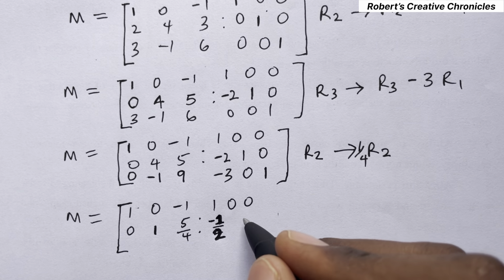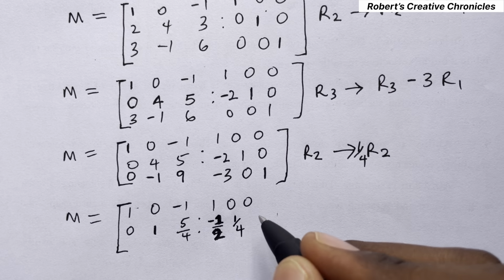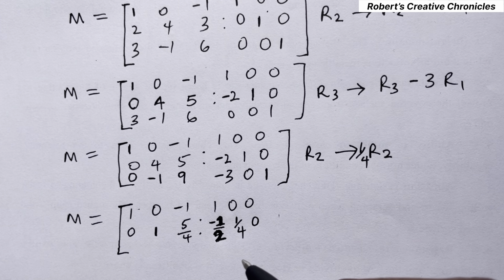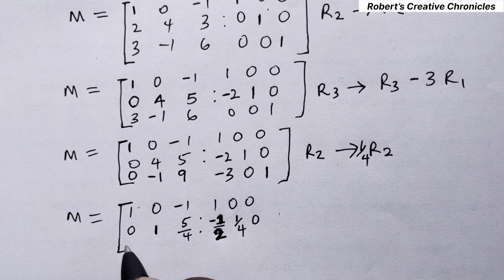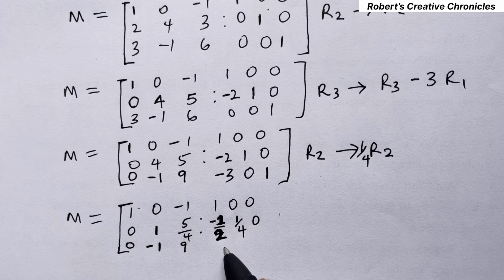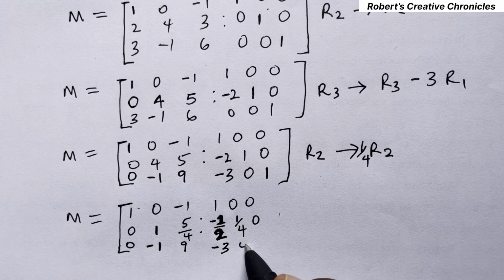Then this is 1 over 4. Then this is 0. Then this is 0, minus 1, 9, minus 3, 0, and 1.